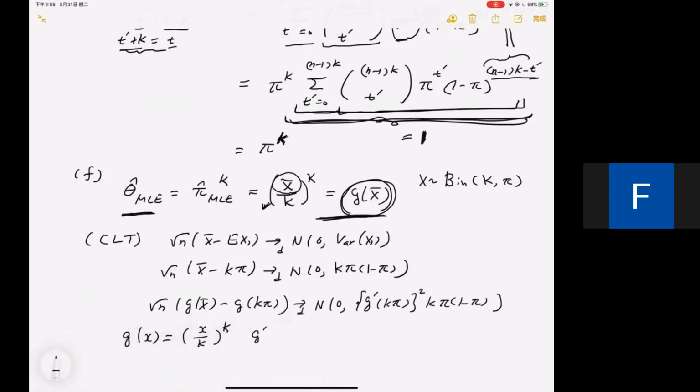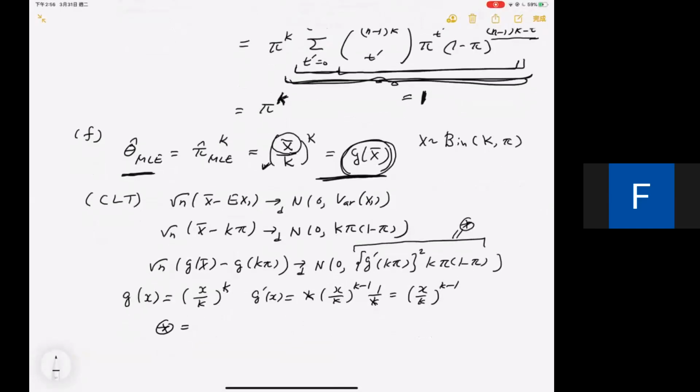Then you derive g prime: k times x over k to the power k minus 1, and of course don't forget the chain rule, 1 over k. That cancels out, and becomes x divided by k to the power k minus 1. So the variance part will be g prime at k pi, so you plug in k pi divided by k to the power k minus 1, taking the square.